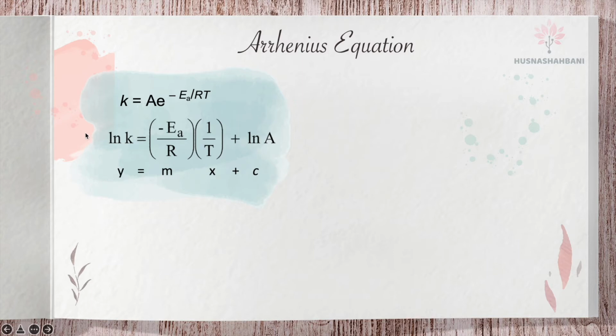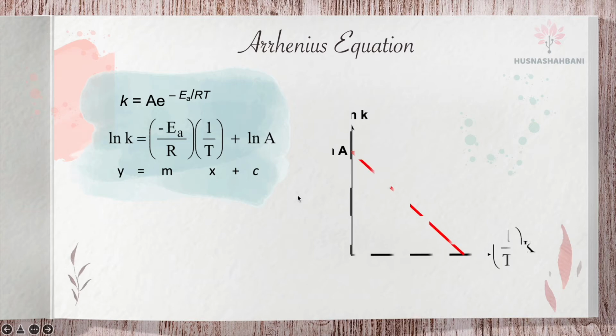The y is ln k, m, the gradient, equals negative activation energy over R. The x is 1 over T, 1 over temperature, and the c is ln A.